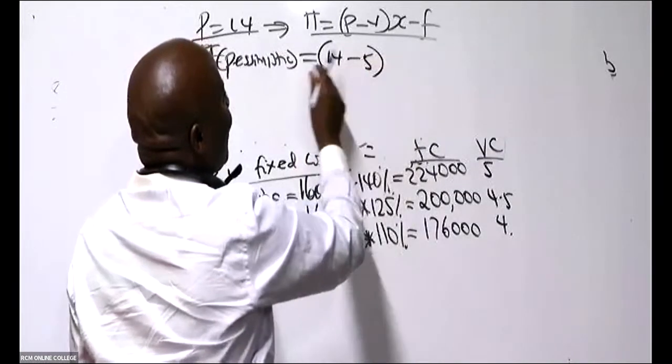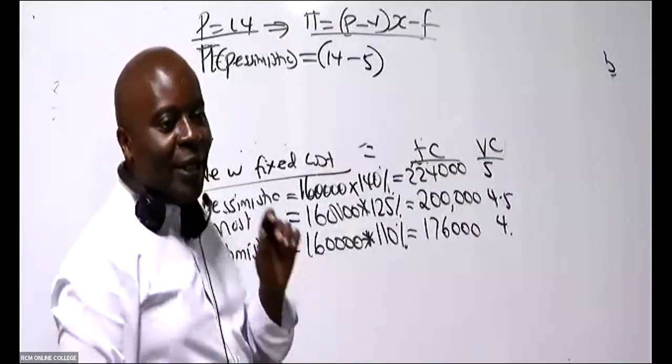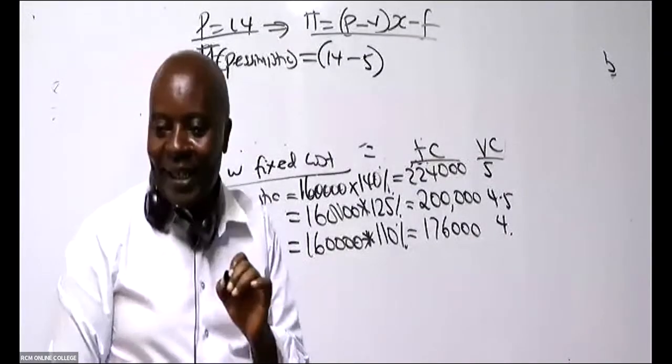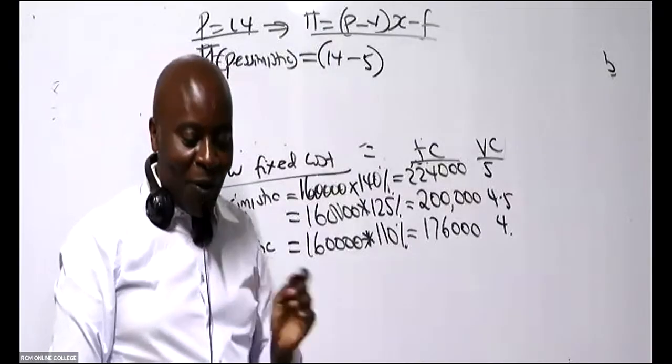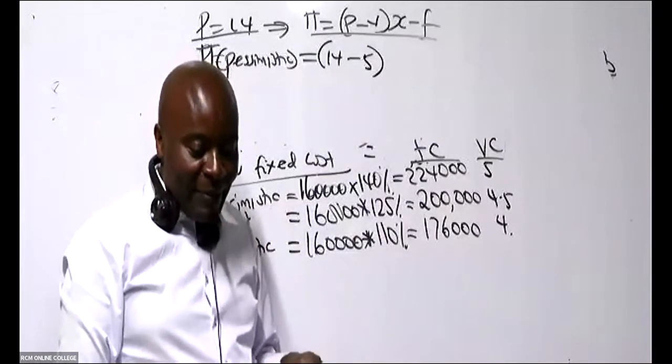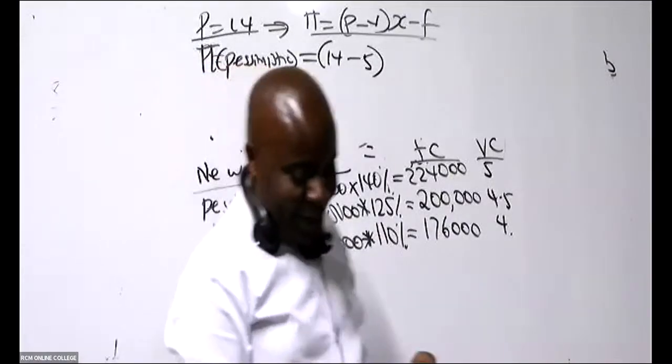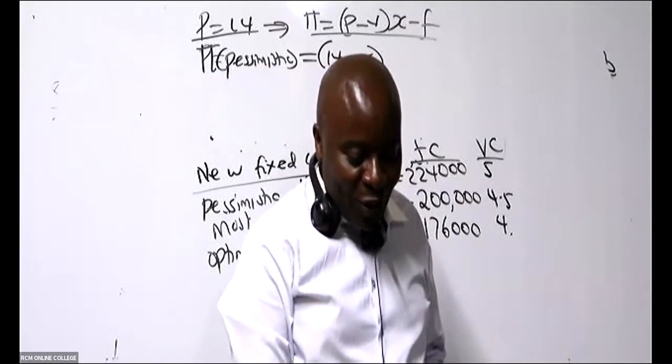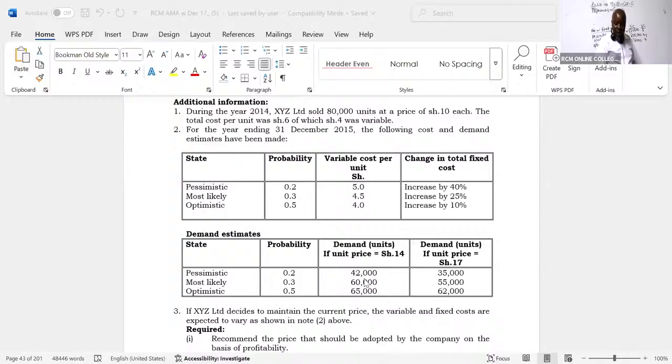Under pessimism, the price of 14, are you able to see the quantity? You can see the demand, which is the same as quantity. 42,000. So times 42,000 minus fixed cost pessimism. Fixed cost pessimism is 224,000.